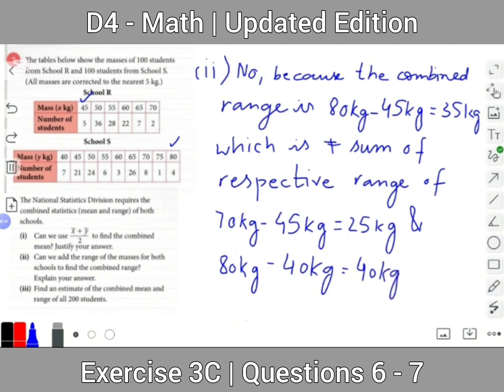Since 25 plus 40 is not equals to 35, so we cannot find out the combined range.